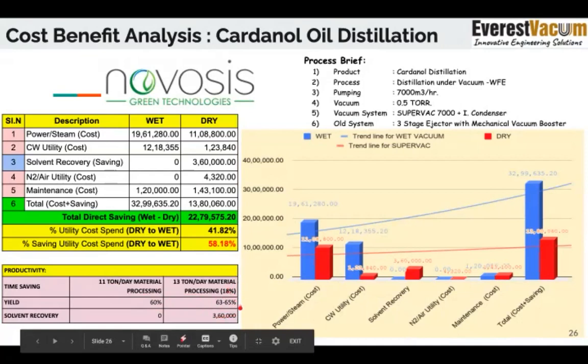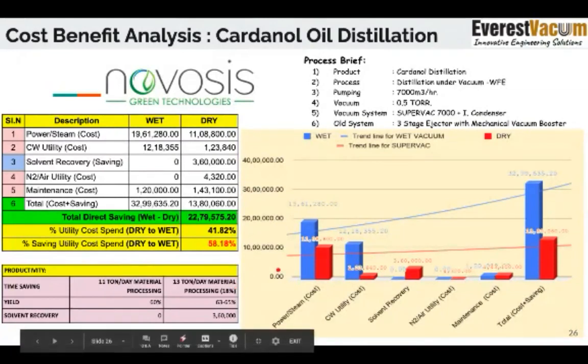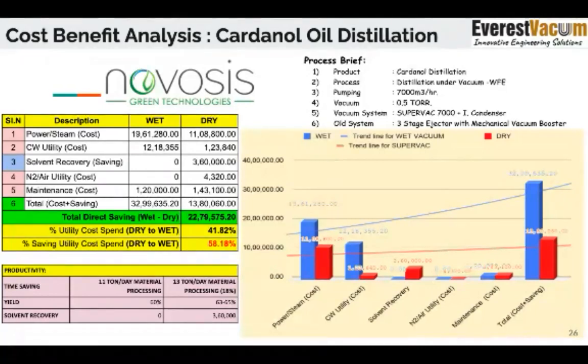Here I am not even putting a value right now, because these figures alone run into crores of rupees. And in such cases, most of the customers are using multiple vacuum systems from us. Like GFL, we have given more than 11 vacuum systems.